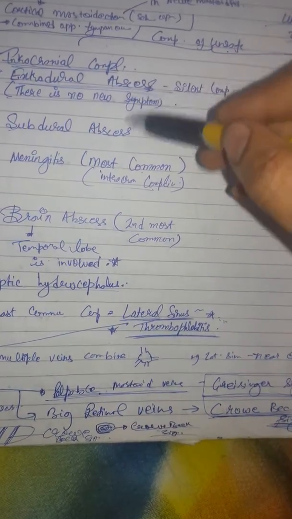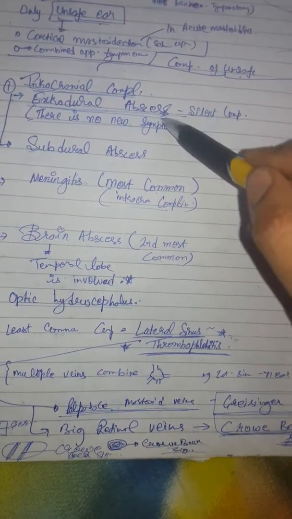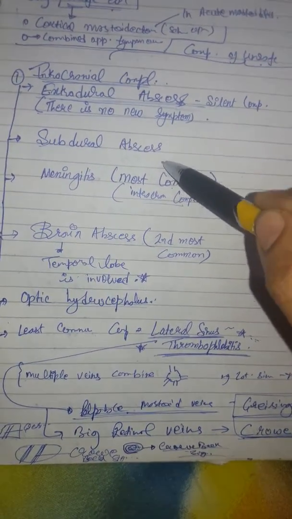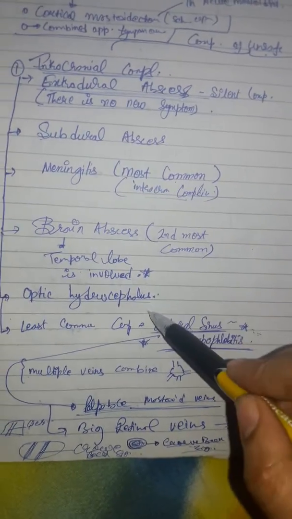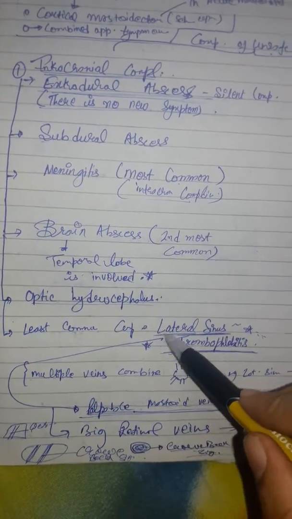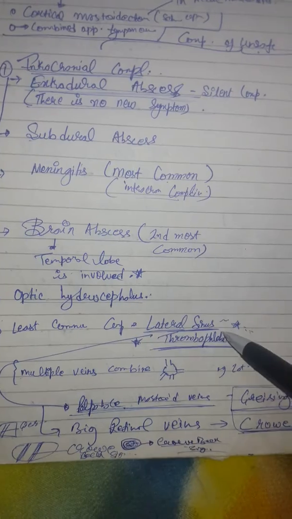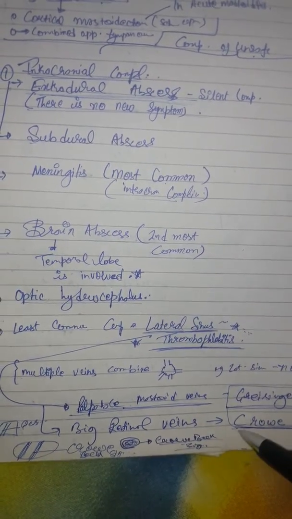So summarizing, the intracranial complications are extradural abscess, subdural abscess, meningitis, brain abscess, otitic hydrocephalus, and lateral sinus thrombophlebitis, in which we see Griesinger's sign and the Crowe-Beck sign.